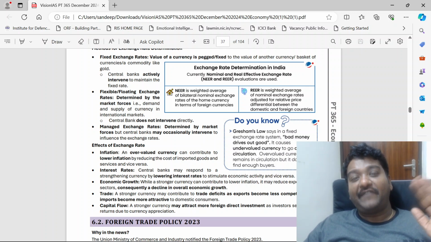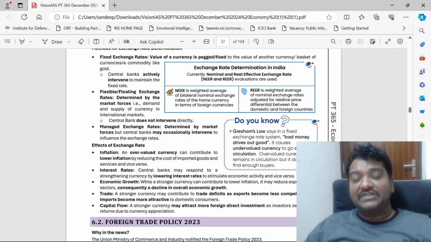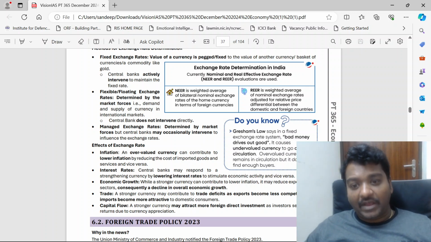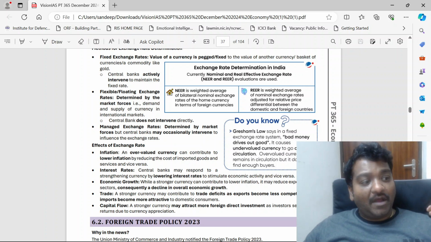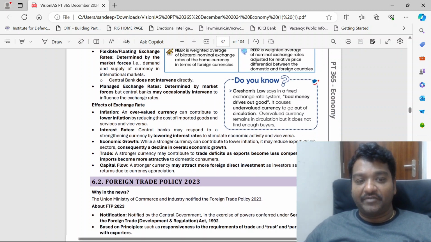That is, undervalued currency will be removed and it will be replaced by high value currency. Undervalued currency is called good currency because you can actually purchase a lot of things. Overvalued currency is bad because it may lead to inflation, and everything becomes costly. So there are certain aspects associated with it.